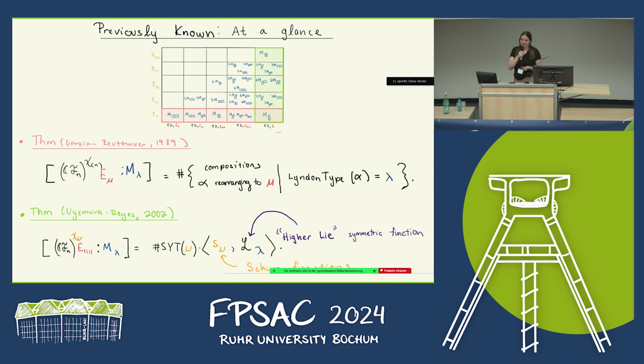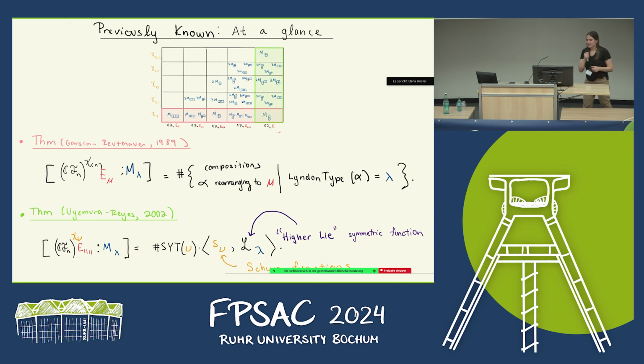In the rightmost column, it's a little trickier. So say we're in the rightmost column, but we're in row nu. The number of lambdas we should draw is the number of standard Young tableaux multiplied by this inner product.